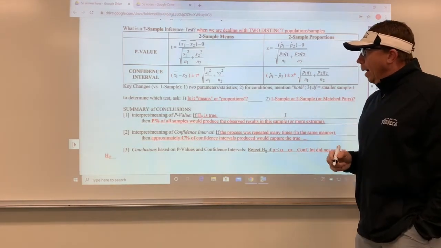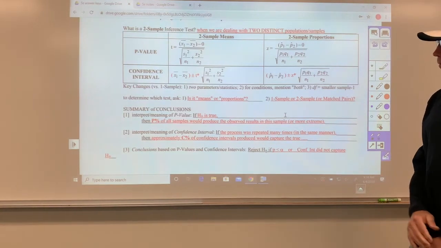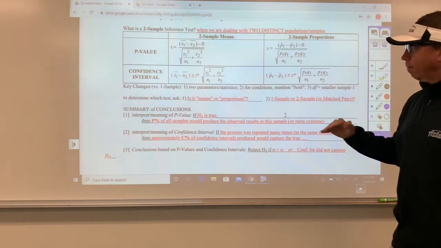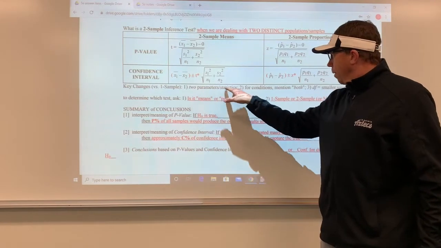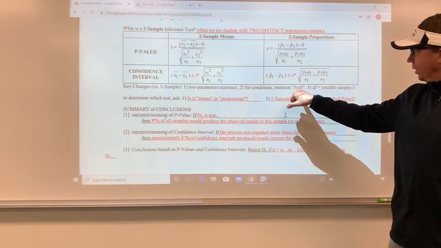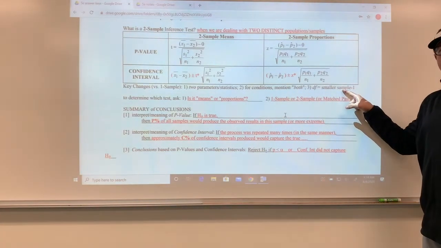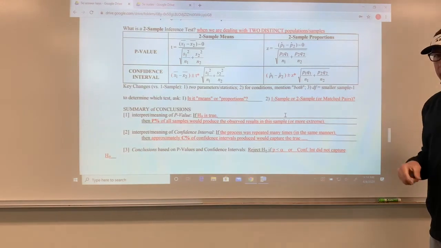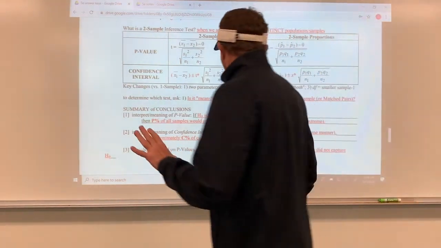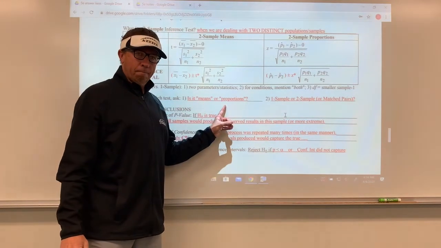Now, the key changes from the 1 sample to the 2 sample is you're going to have 2 parameters and 2 statistics. In your requirements, you've got to mention both. And the degrees of freedom that I mentioned before, it's the smaller sample size minus 1. Okay. Now, when you get these problems, the first thing you're going to ask yourself is, is this a mean or a proportion?